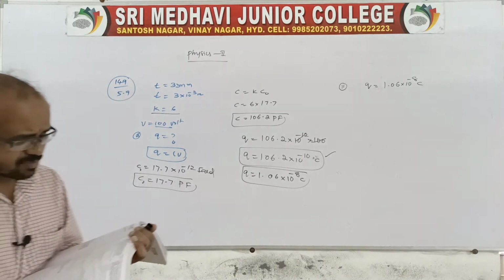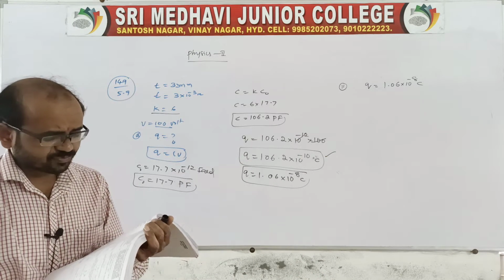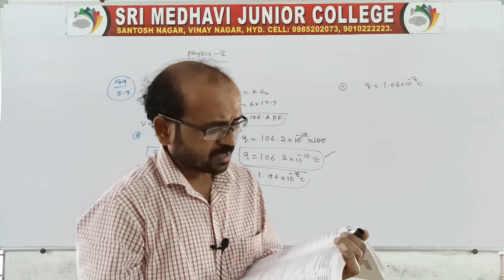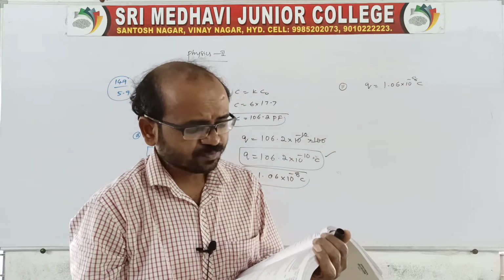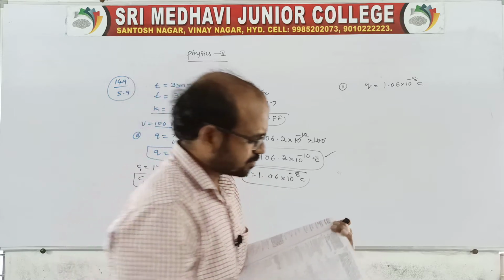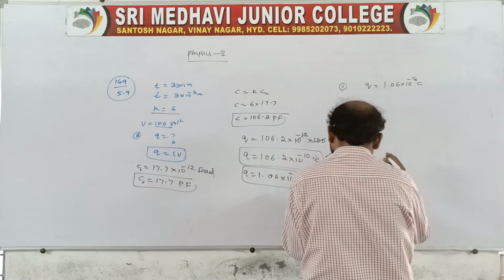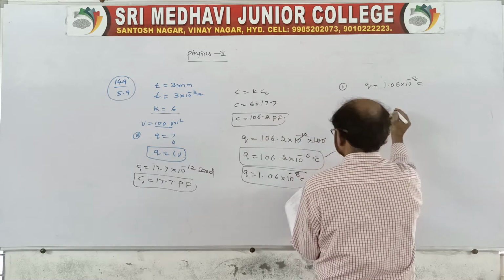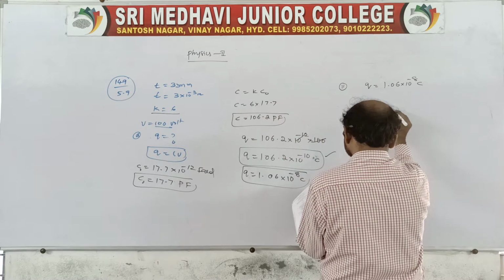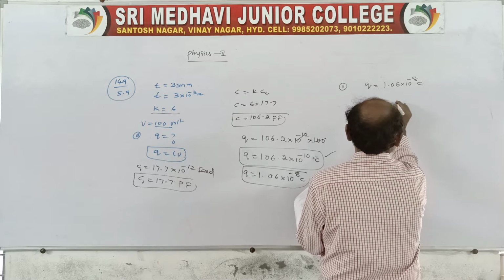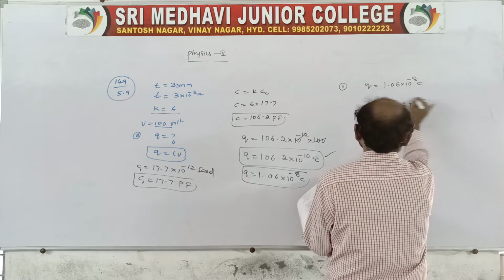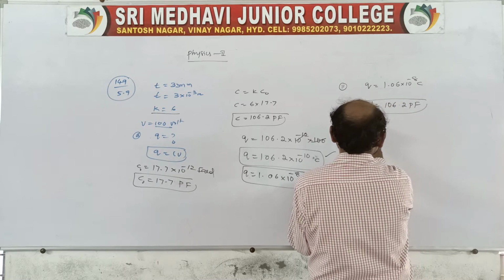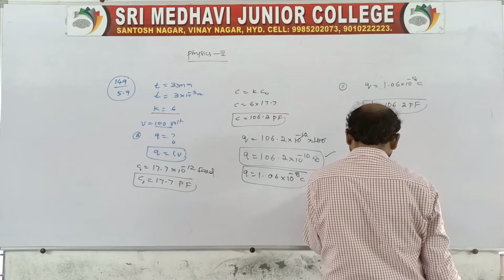Now here there will be a capacitance, and again we have to find V dash, because the charge on the capacitor stays the same. Using C dash, which is 106.2 PF when the dielectric is introduced, we use Q is equal to C into V, right?